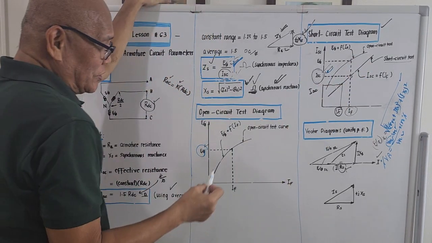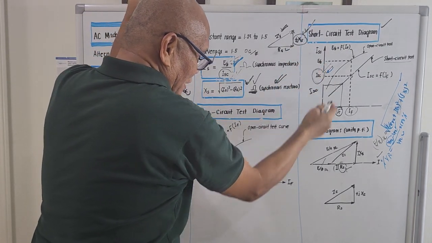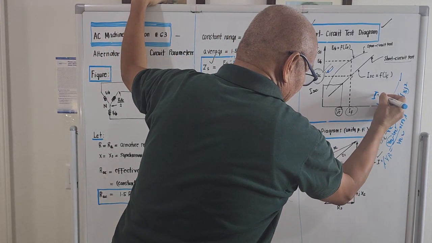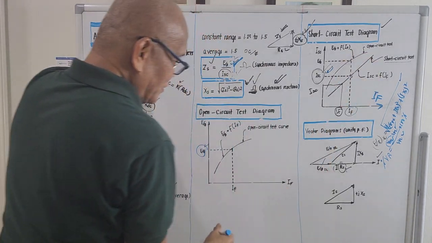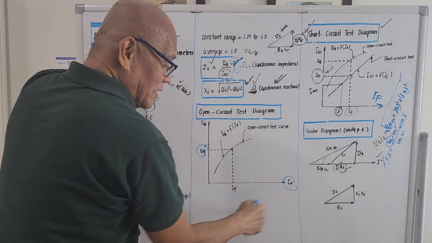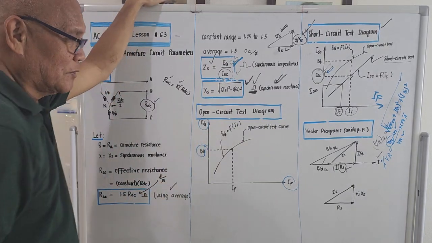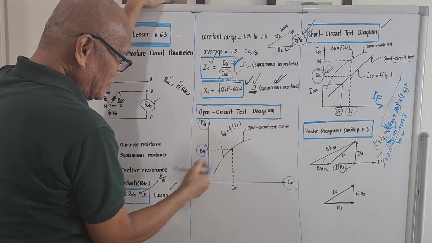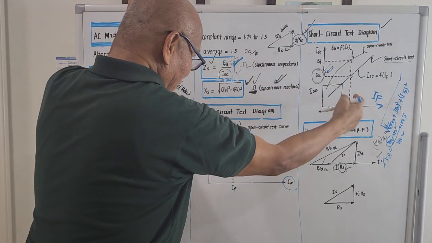For the short circuit test, the ordinate is the short circuit current, the abscissa is I sub F. For the open circuit test, the abscissa is still the excitation current, and the ordinate is the open circuit voltage per phase. So this voltage per phase emanates from the open circuit test diagram, and the short circuit current emanates from the short circuit test diagram.